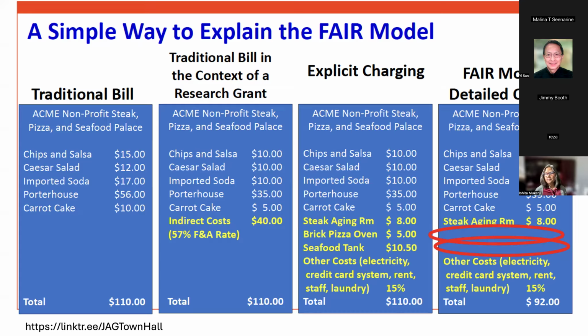But they're not paying for the brick oven or for the seafood. And that's the idea behind the FAIR model: that we start to break out all of these costs and list them explicitly. And then you don't include costs that are not appropriate for your research. So if I'm doing research in computer science, I don't necessarily need to pay for the infrastructure for some lab facilities, for example.